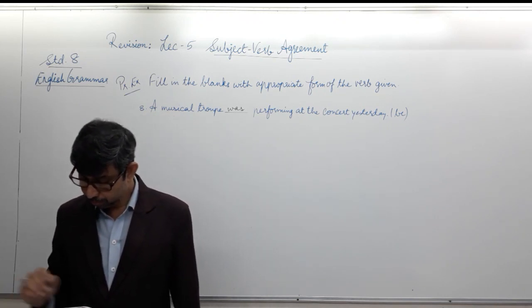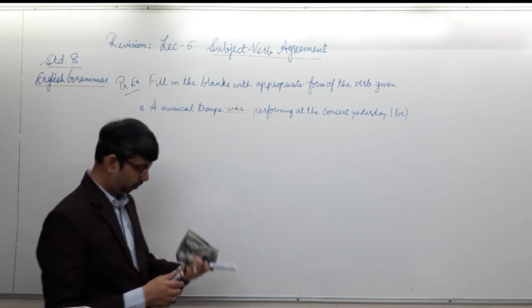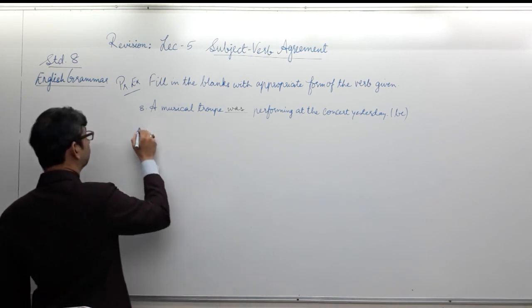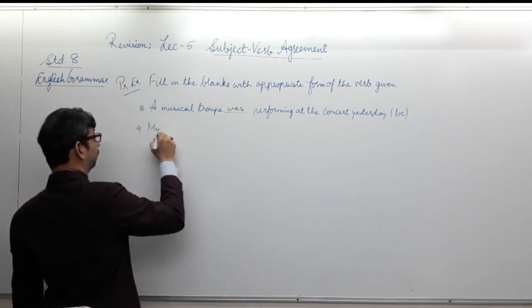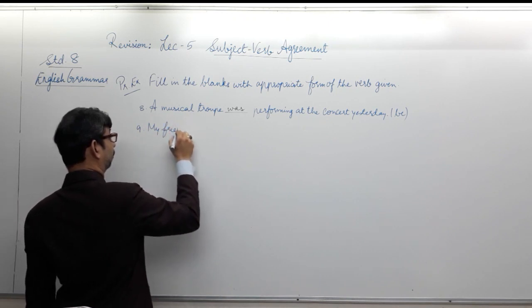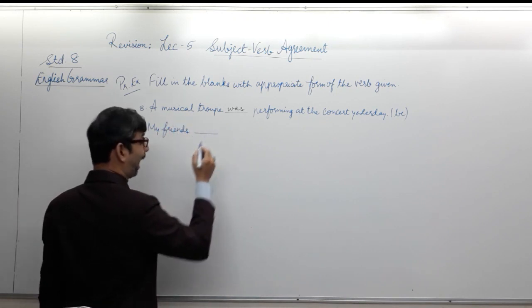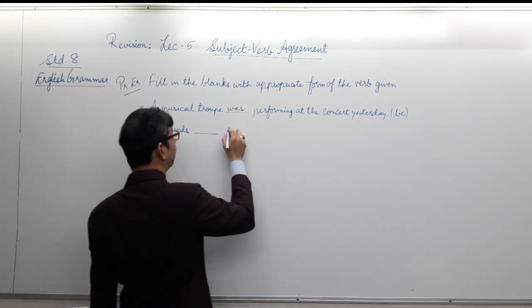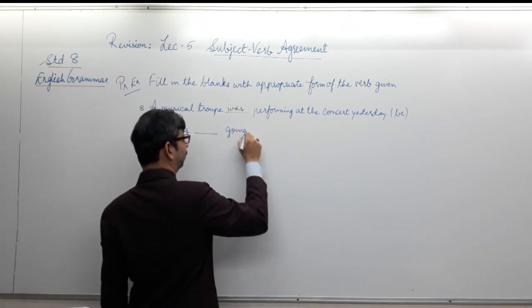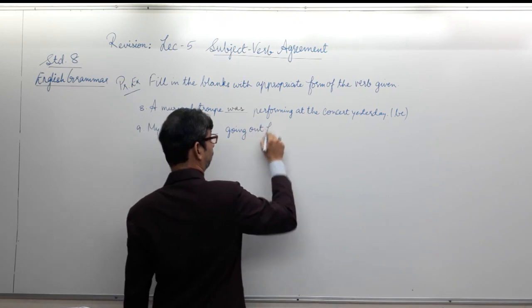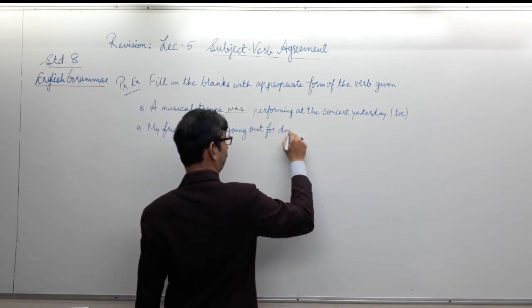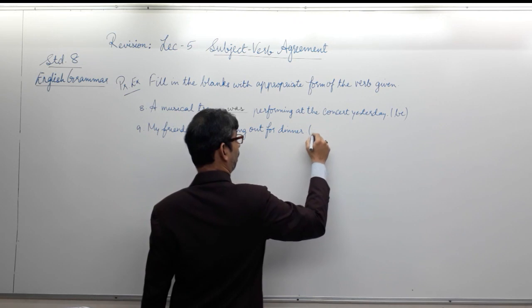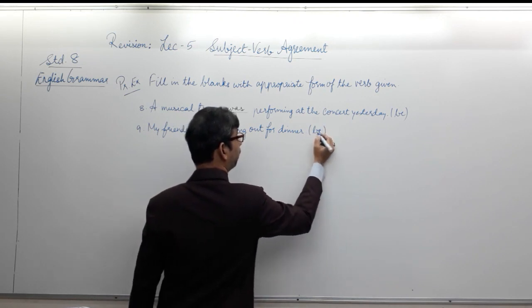The next one. Number 9. My friends dash going out for dinner. Again in the bracket we have the word BE.